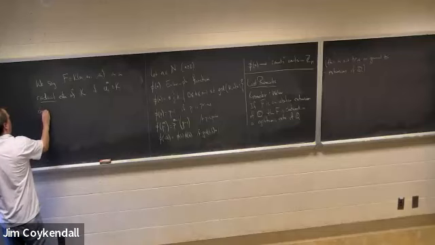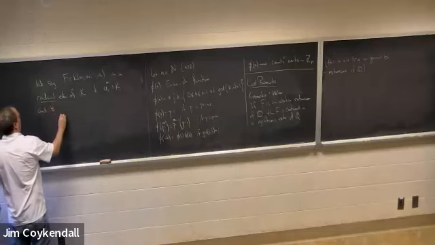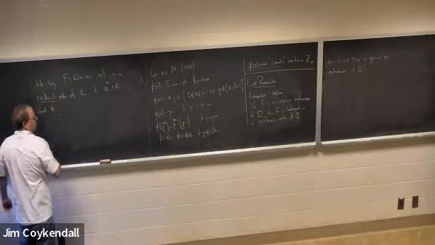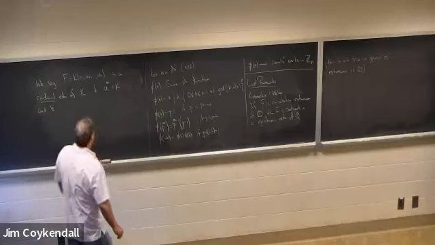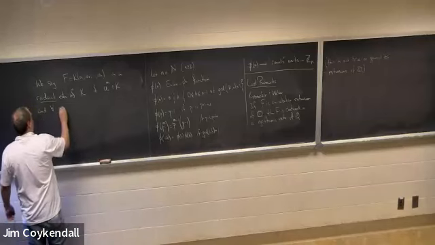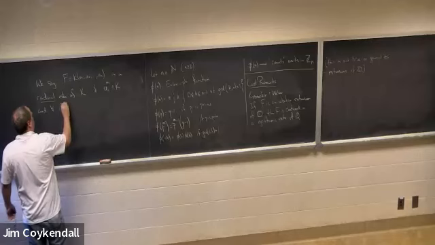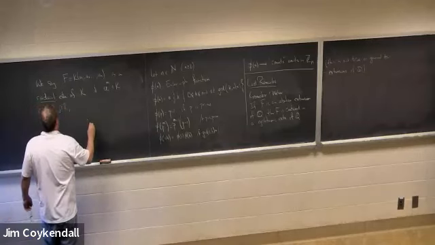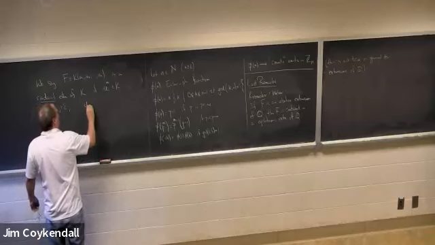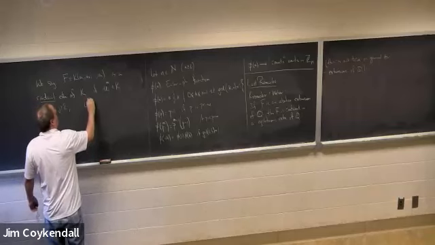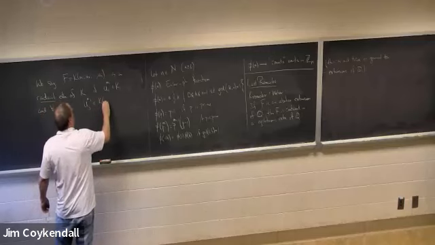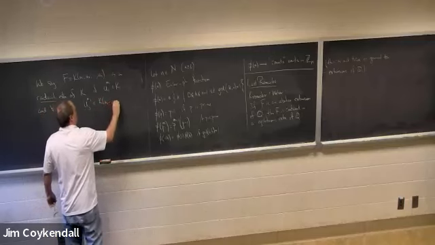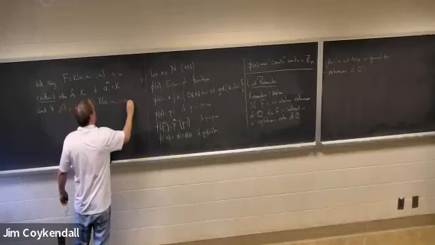And for all j bigger than 1, uj to the mj is actually in K(u1, u2, ..., uj).